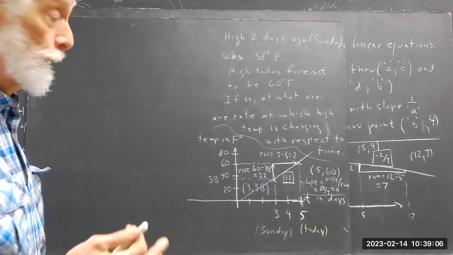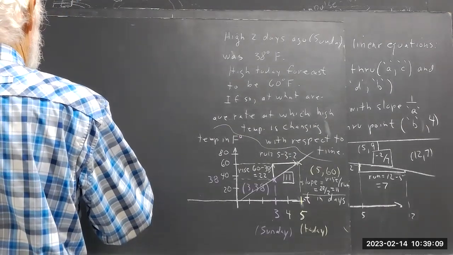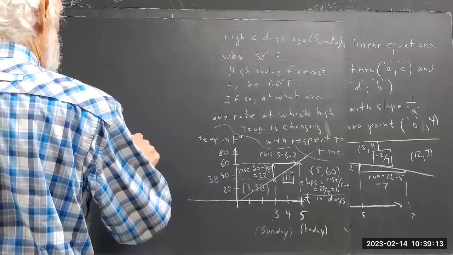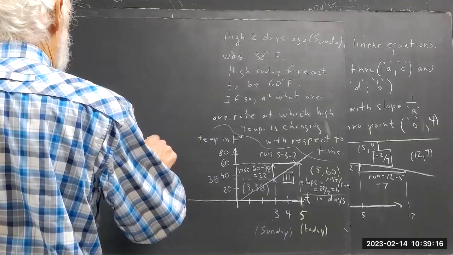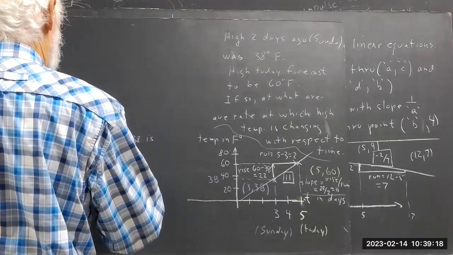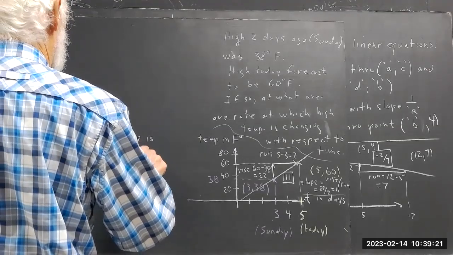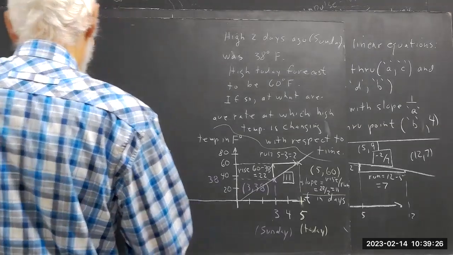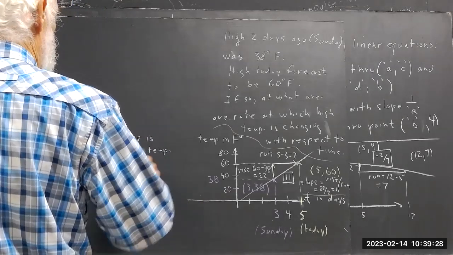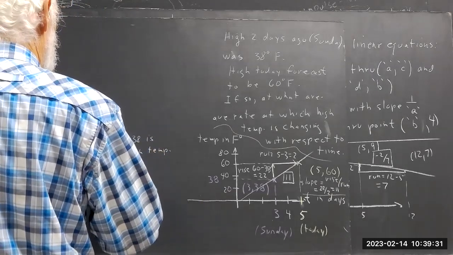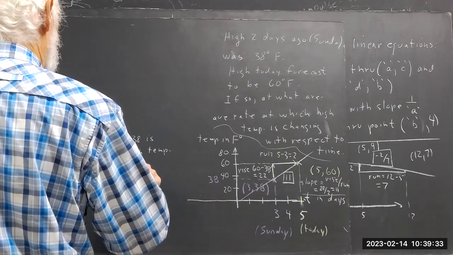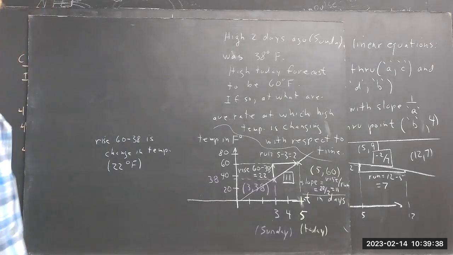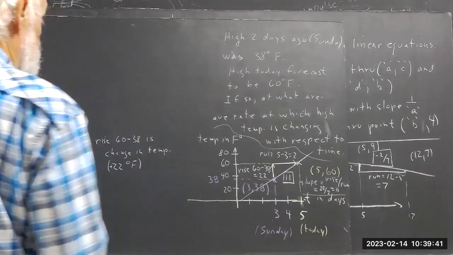You're interpreting the graph. It's 22 degrees Fahrenheit, right? And it's plus 22.